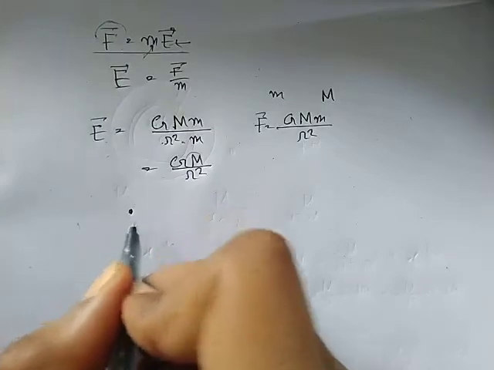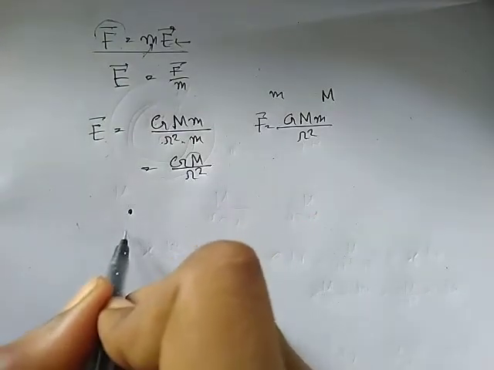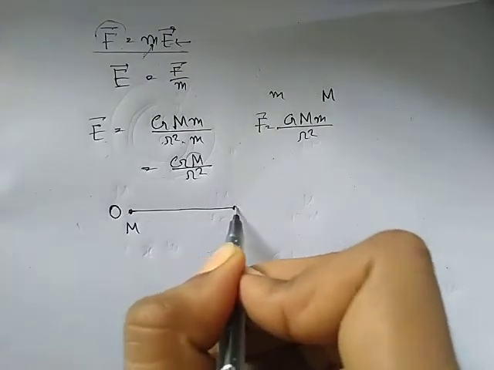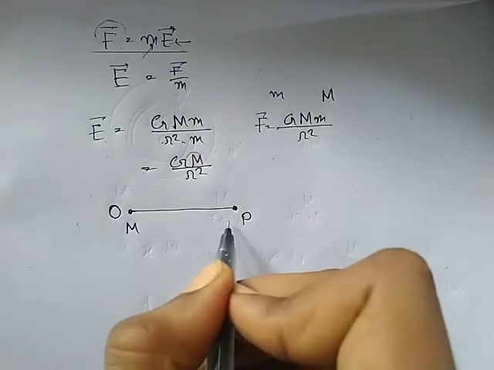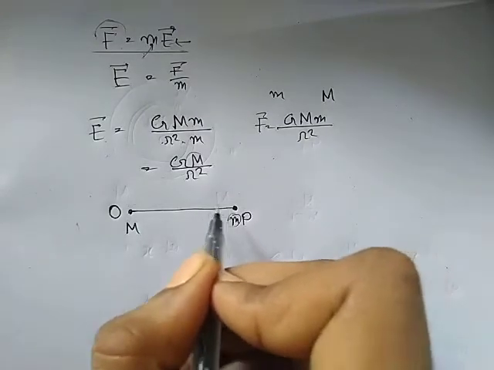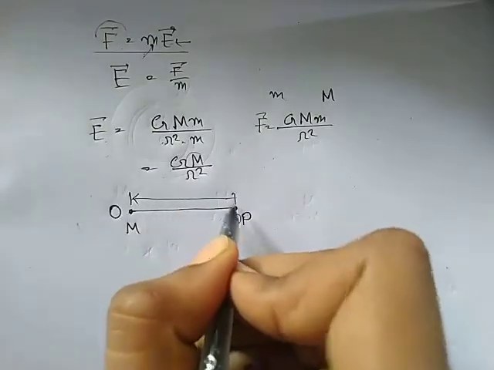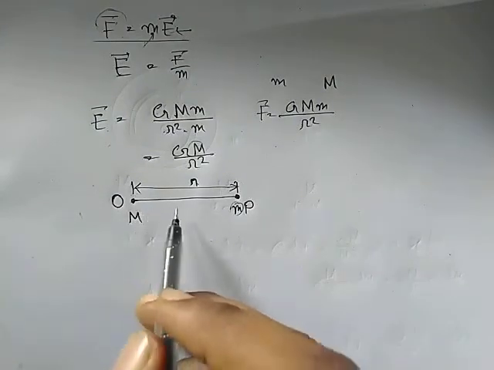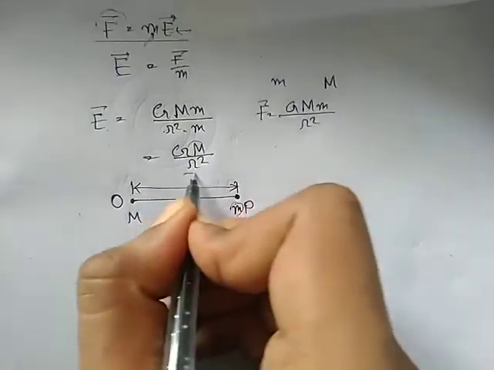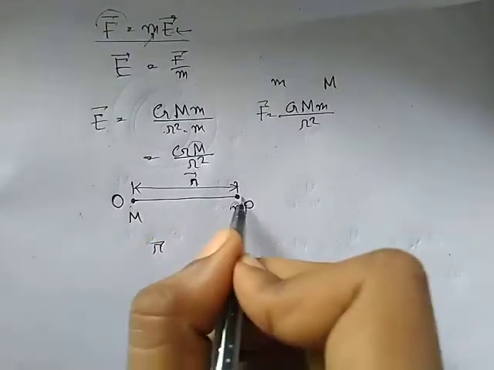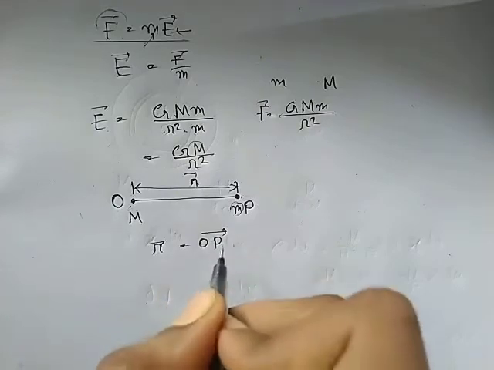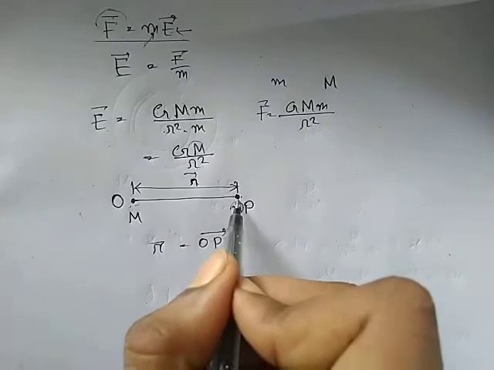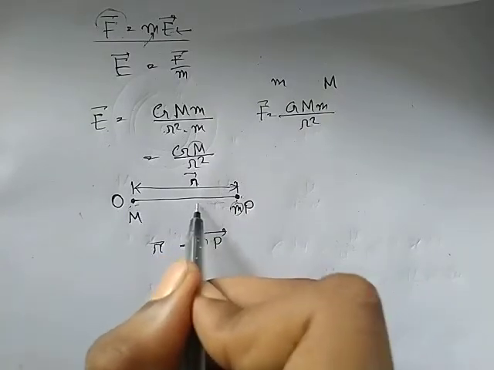Now we'll draw a picture to understand it better. The mass M is located at point O, and we are measuring the field at P. Here the mass small m is located and the distance between them is r. This r is usually taken from O to P, so this is OP. But you can see the gravitational force is attractive, that is this mass pulls this mass small m towards this direction.